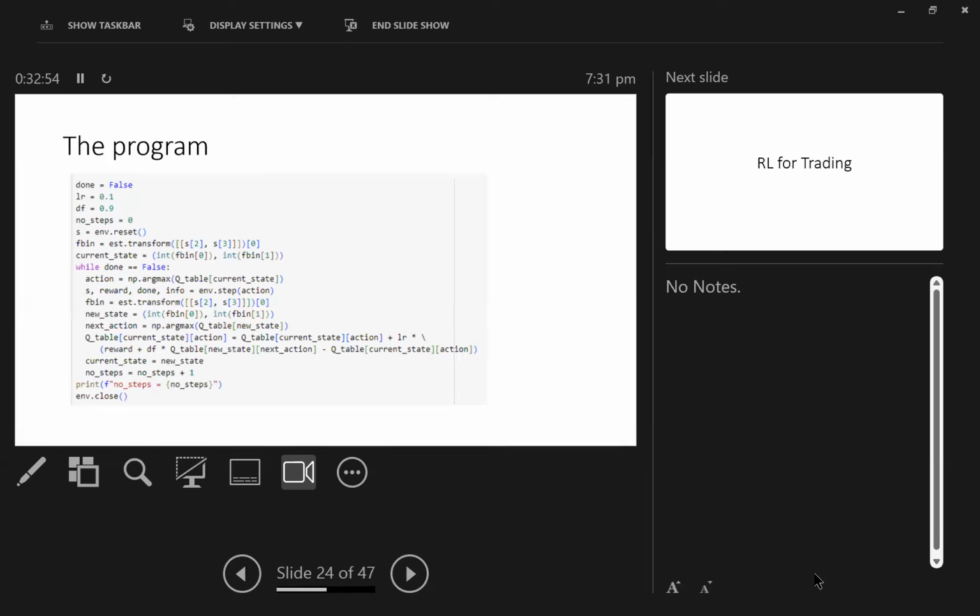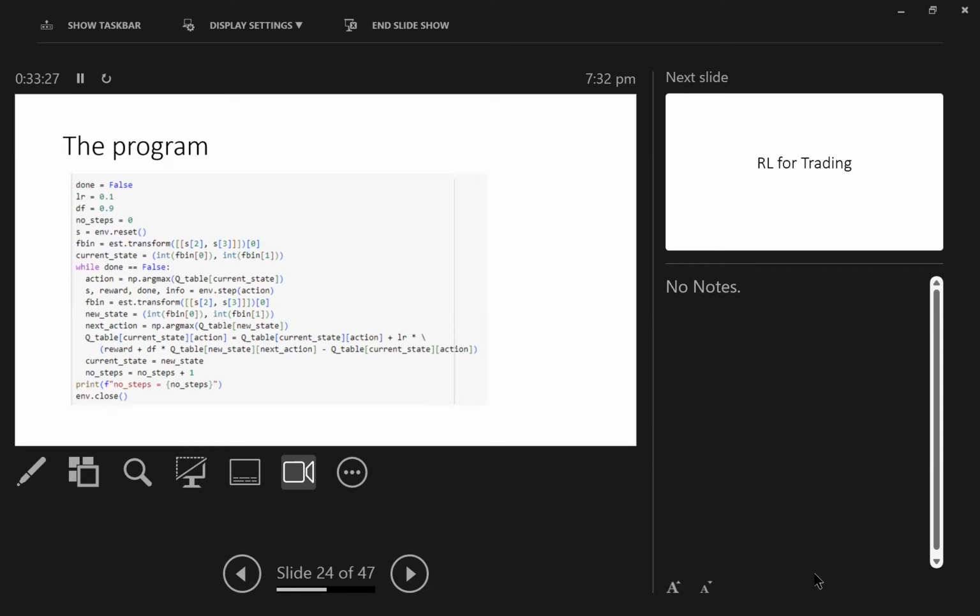Okay, in fact, in this one, basically, the discount factor is not applied on the difference, but on the new state, new action's value. Then we take the difference together with before, times a learning factor, so that we can update the corresponding entry in the Q table one by one, get the new state, and step.